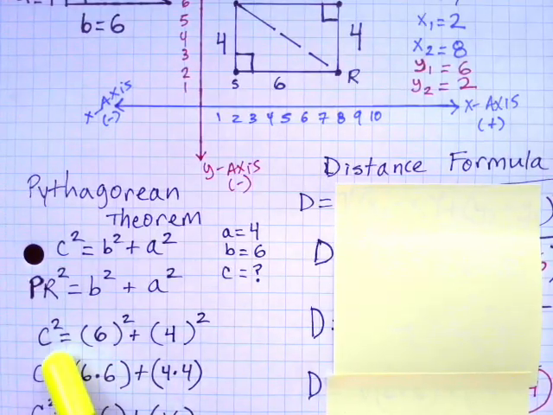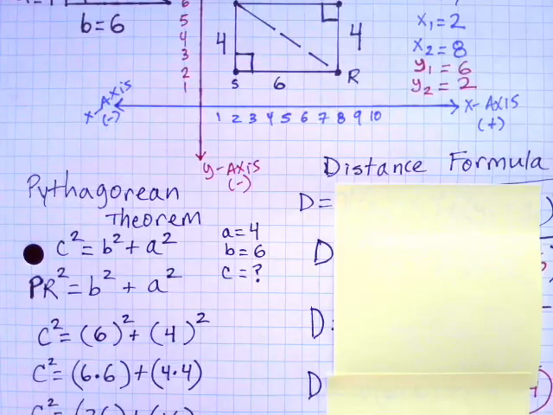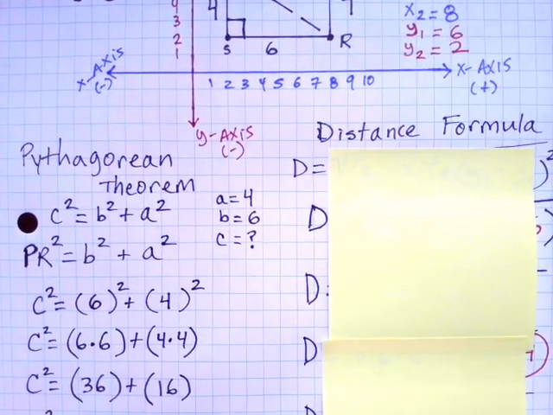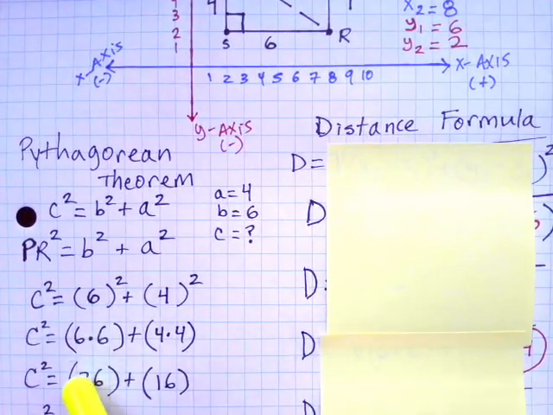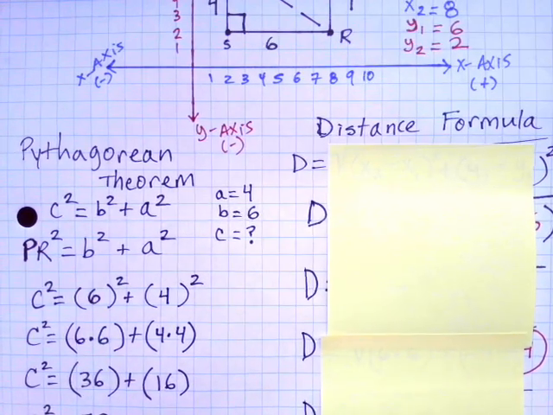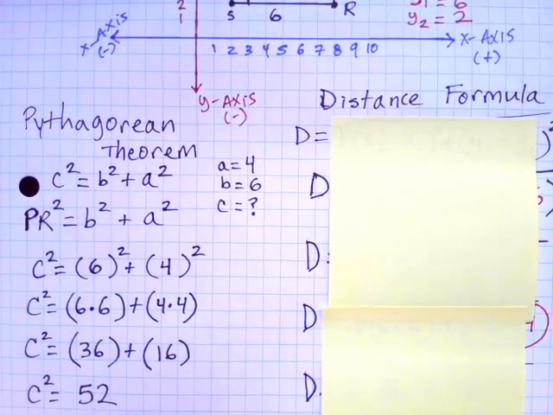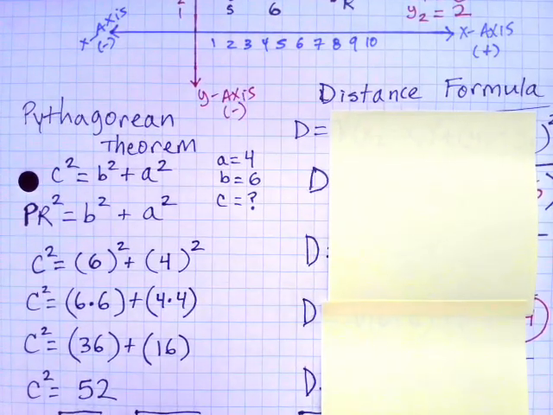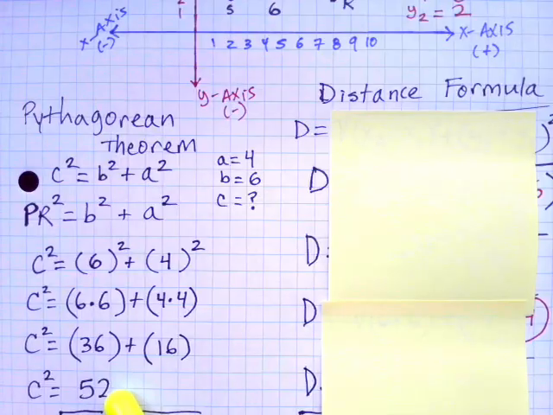I just rewrite the plus, the equal, and the c squared, and continue to simplify with each step. 6 times 6 is 36. 4 times 4 is 16. Everything else I just rewrite. When you add these two values together, you get 52.